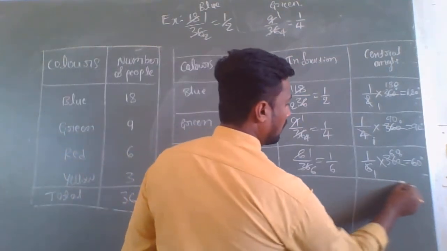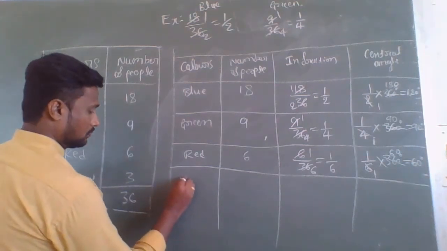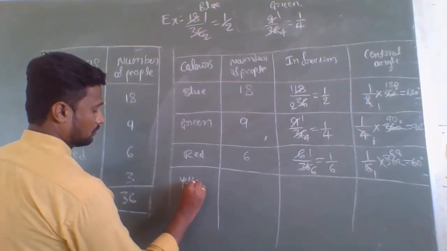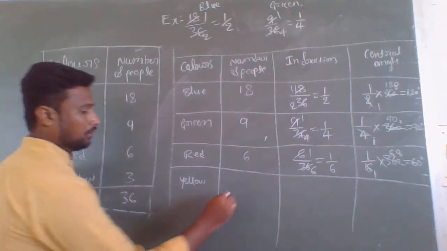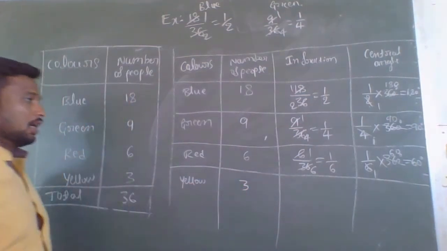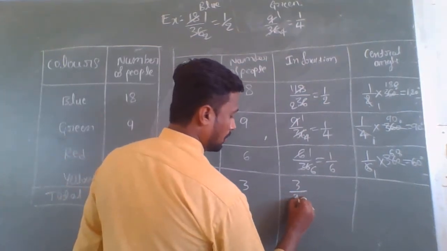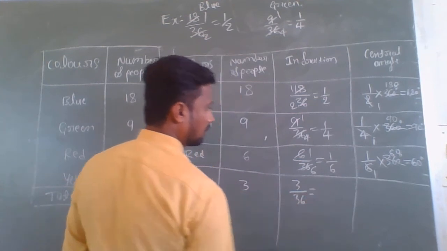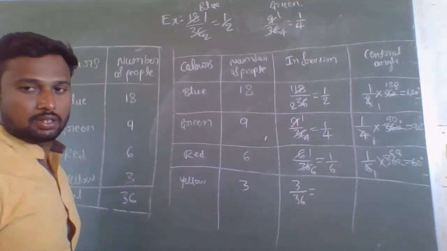What did you get for red? It is 60 degrees. Next, yellow. Number of people is 3, and in fraction we have to write this as 3 by 36, because the total number of people is 36.